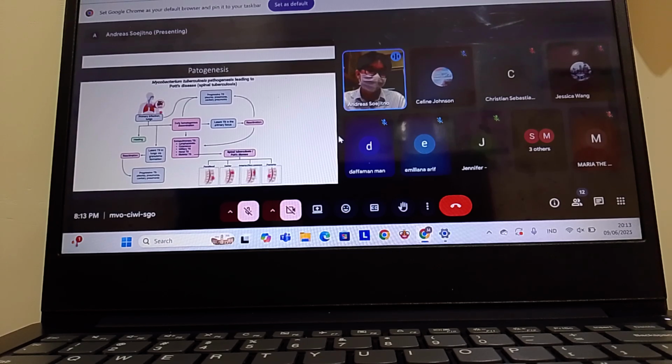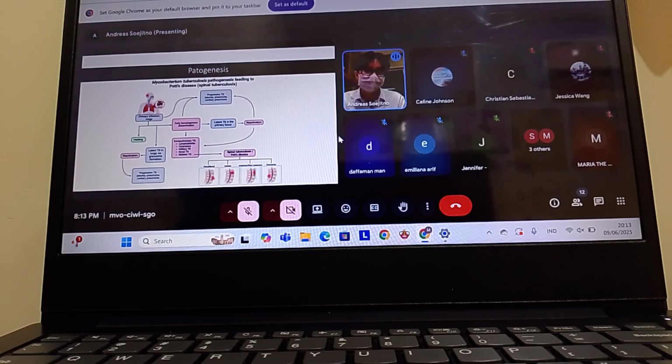Every type of TB infection usually begins with the first infection in the patient's lung, and then it forms a focal area of infection. We call it the Ghon focus. But later on, when the focus breaks down, the bacteria spread around in the blood and are carried through the bloodstream.